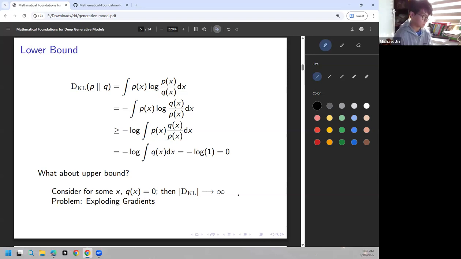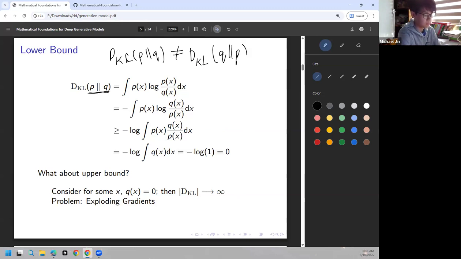This is important because the KL divergence of using Q to encode P is not equal to the KL divergence of using P to encode Q, right? This is also intuitively true because if P is covered by Q, then one of them is very big and the other should be very small.